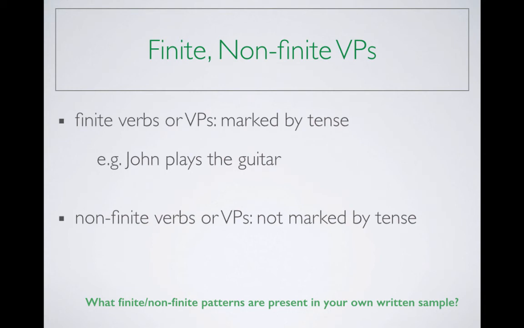It is impossible to know anything about the timing when this happened. To arrive on time was their objective. As you could see, the verb arrive is a non-finite verb. Are some finite or non-finite verb phrases present in your own written sample?